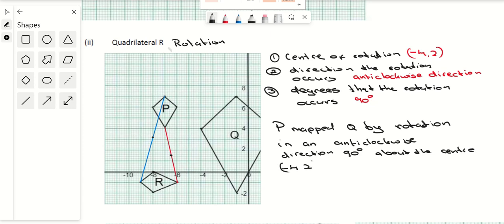And that is how you would describe the rotation of object P, or quadrilateral P, to quadrilateral image R. And that would be the end of January 2023, number 3.